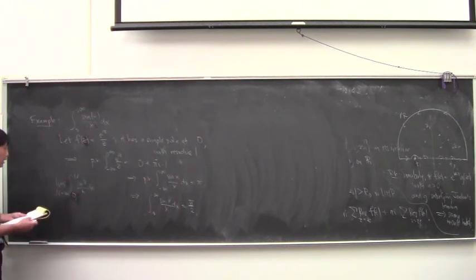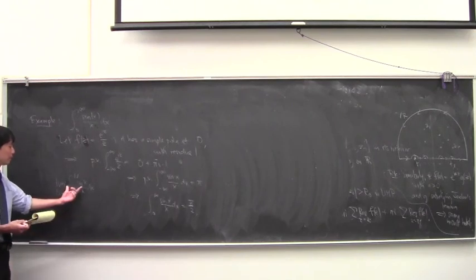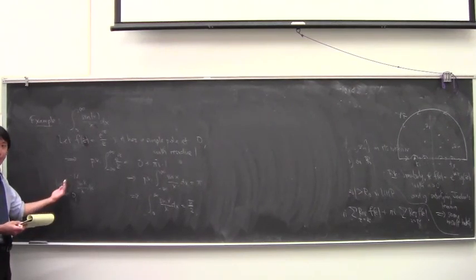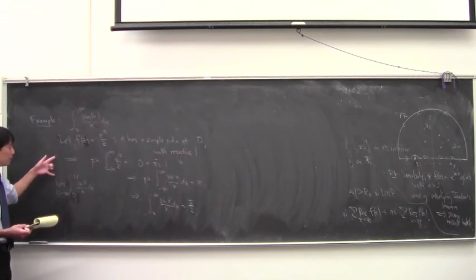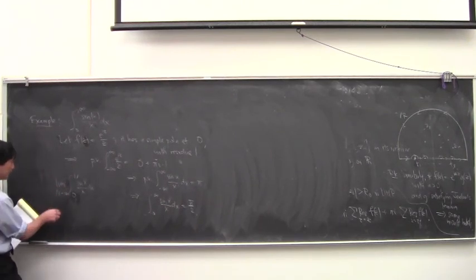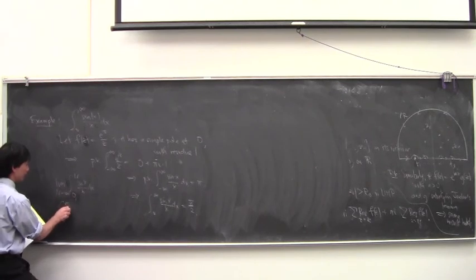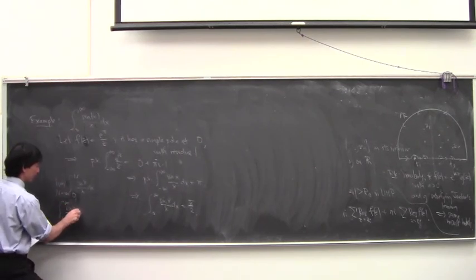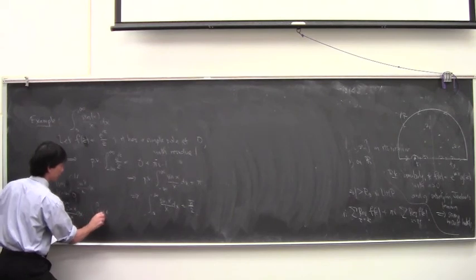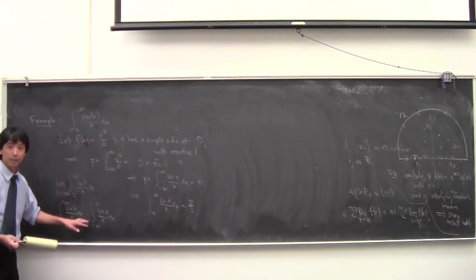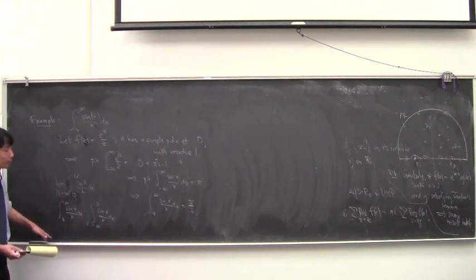And also the left-hand limit, from negative n to 0, also exists, right? So then what you get is that the integral from 0 to infinity and the integral from negative infinity to 0, both of these exist, and so the integral from negative infinity to positive infinity exists.